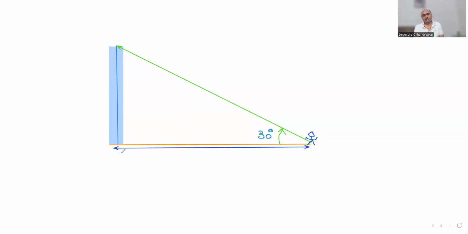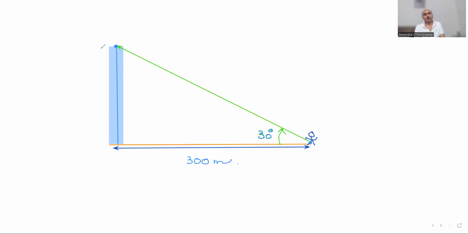And I know the length of the base. Let's say it is 300 meters. So I'm 300 meters away from the mountain, and I know that the peak of the mountain makes an angle of 30 degrees at my place.